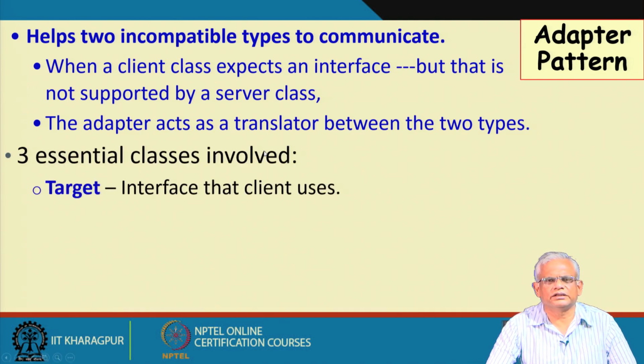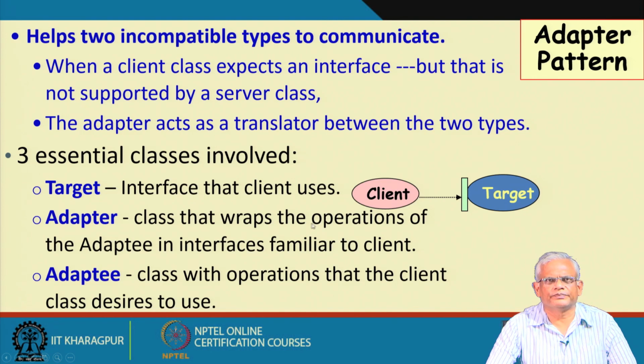There are three main classes involved in the class structure of the adapter pattern. One is the target. This is the interface class that the client uses. So, this is the target interface, and then the adapter is the class that implements the target interface and makes calls on the adaptee interface, and the adaptee is the class with operations that the client wants to use.